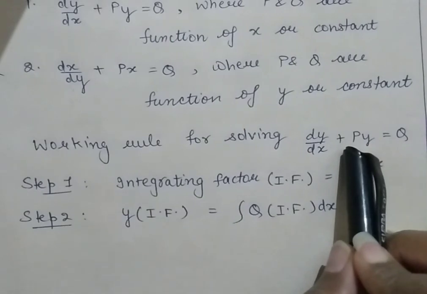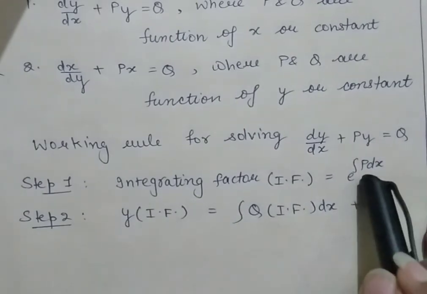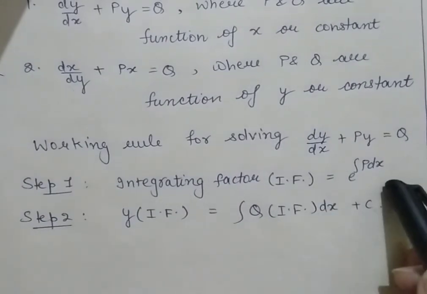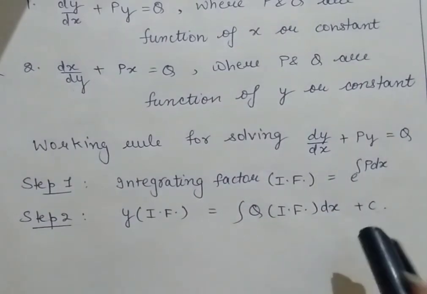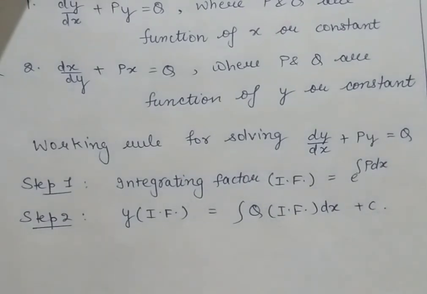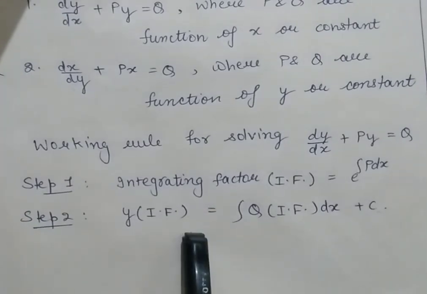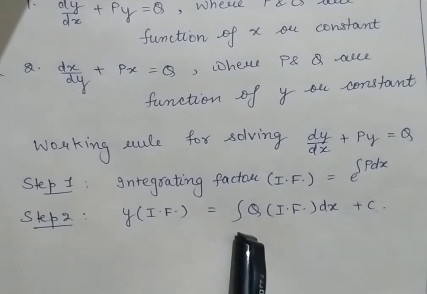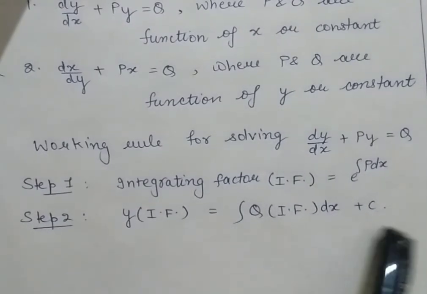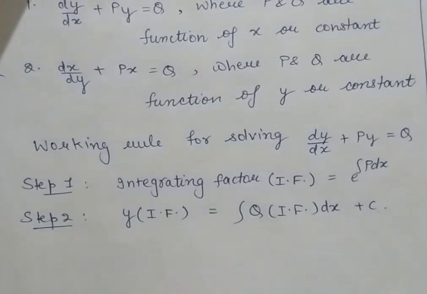This p is a function of x, so we can integrate with respect to x, and the integrating factor will be a function of x only. And after finding the integrating factor, we find the solution, which is given by y into integrating factor equal to integral q multiplied with integrating factor dx plus c. This is the working rule. This you have to remember.